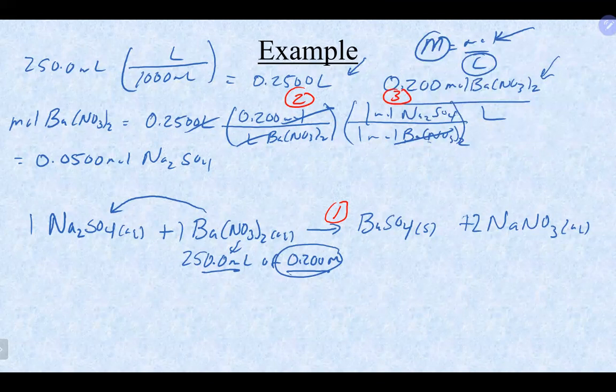At this point, I'm looking for the grams of sodium sulfate. So to get to grams now, I will need the molar mass.